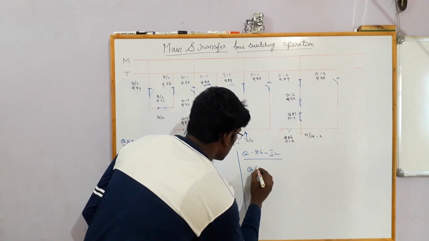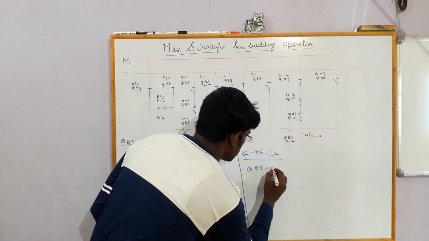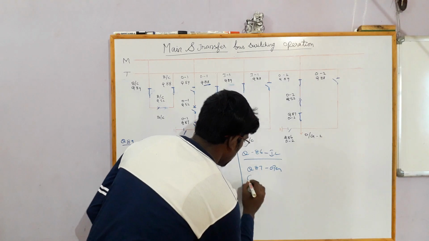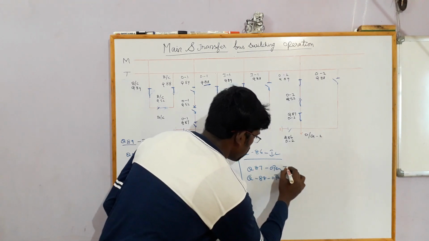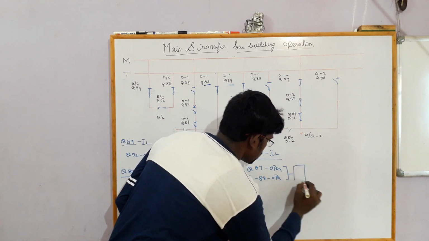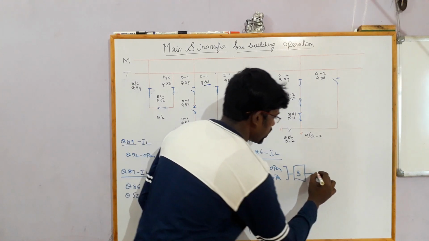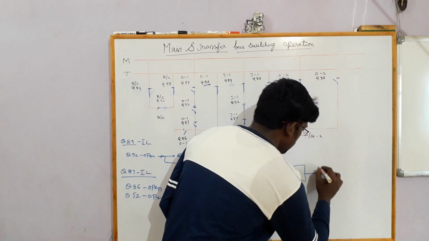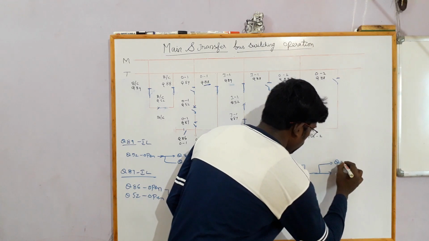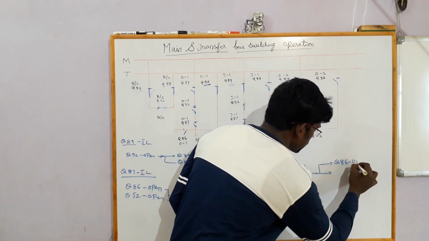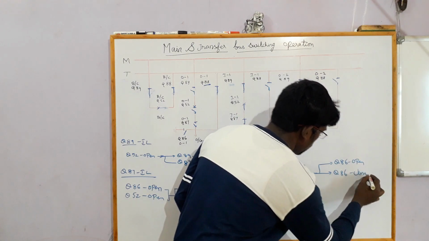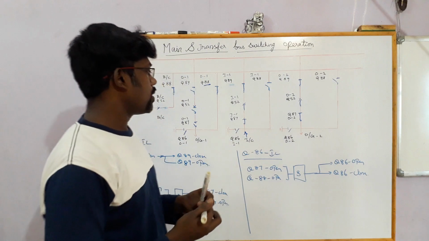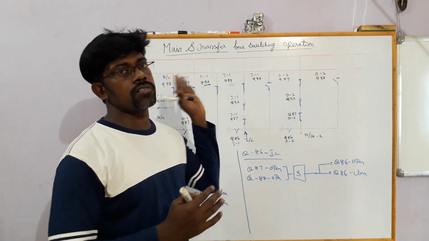Q87 has to be open and Q88 has to be open. These both should be in AND, so that we can open this Q86 and we can close it. If you want to close and open, these two have to be in open state.